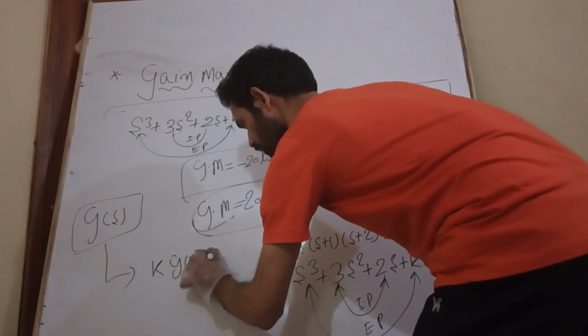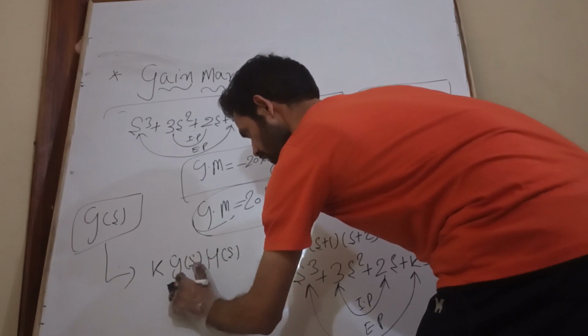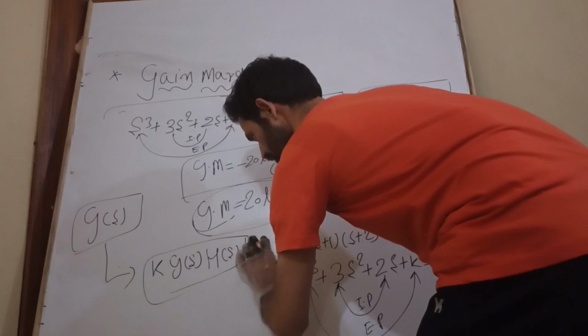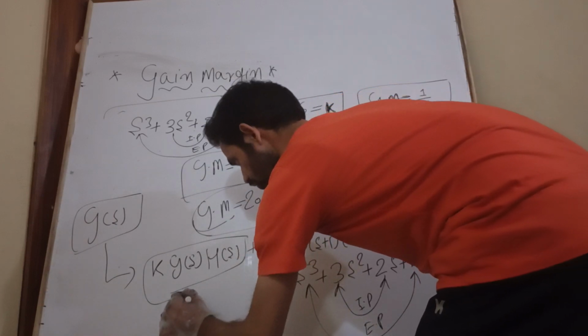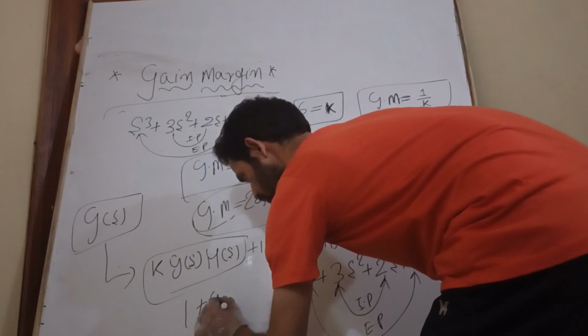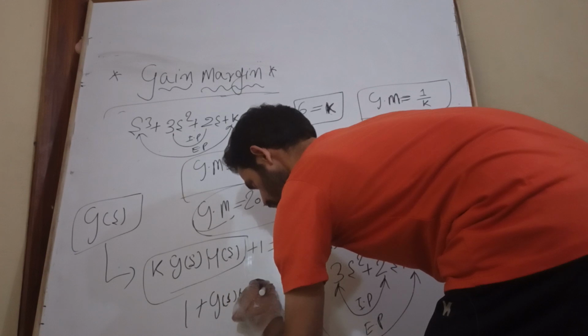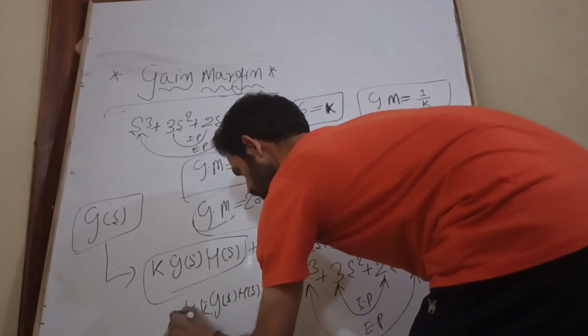If we have a feedback system G(s) H(s), then k G(s) H(s) plus 1 is equal to 0. This is your characteristic equation, 1 plus k G(s) H(s).